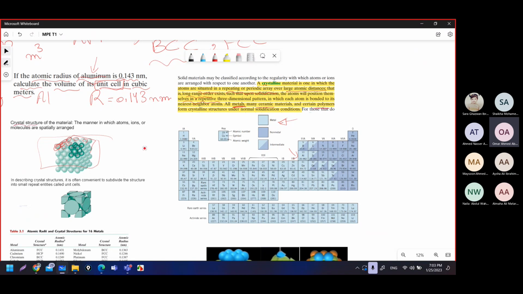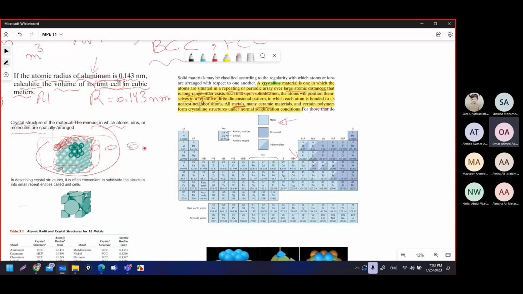The definition of crystal structure of a material is the manner in which atoms, ions, or molecules are spatially arranged. Yani, how they are arranged. Usually we have a large crystal structure, a long range order structure in which the atoms are arranged. It is more convenient to take a small portion of this whole crystal structure and study it, because it will be repeated again.